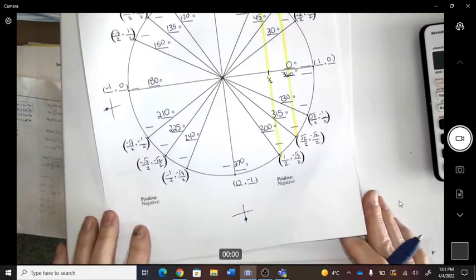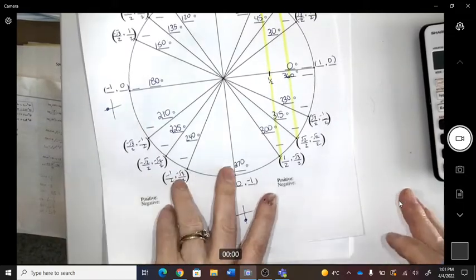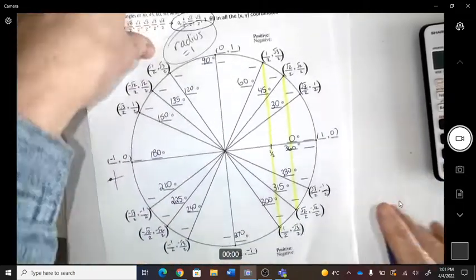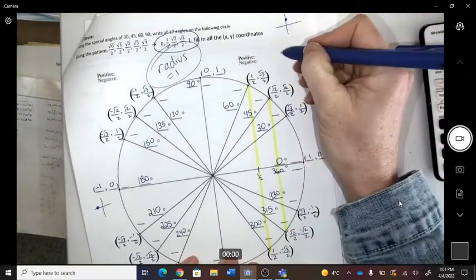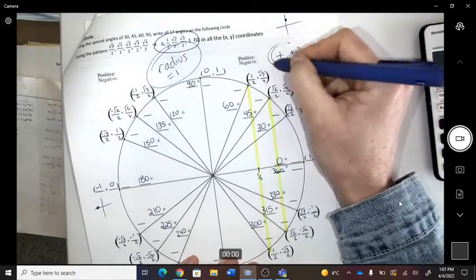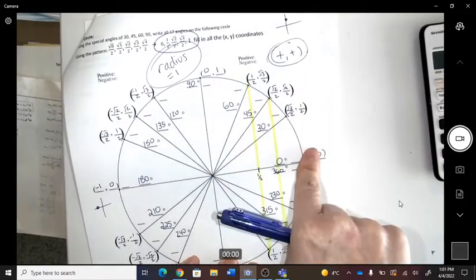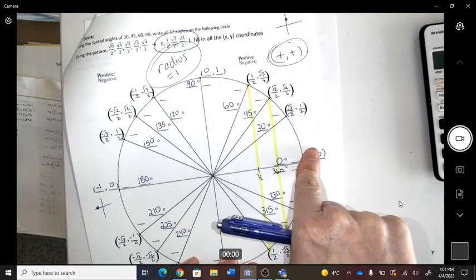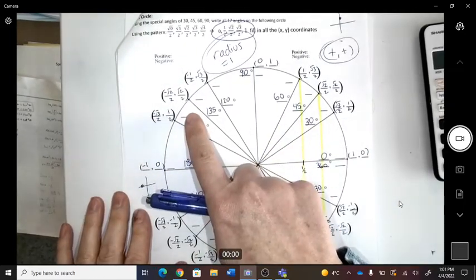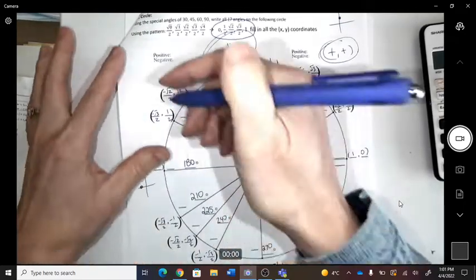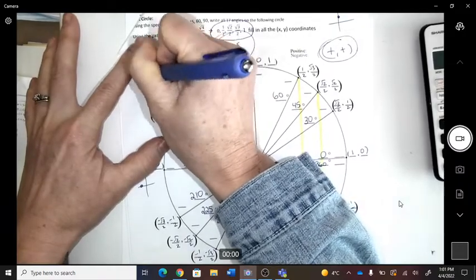Here are some other things you can do. Check: in this quadrant, x comma y should be positive comma positive. Did all yours come out that way? So that's good. What should be going on in this quadrant? Negative comma positive.